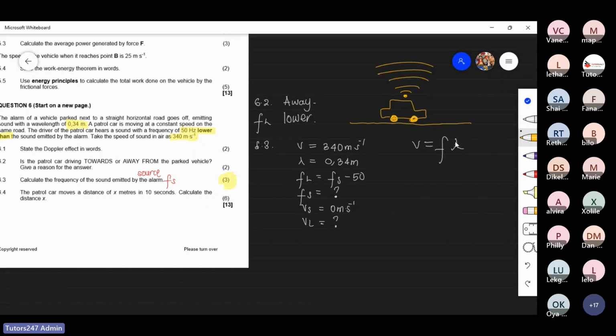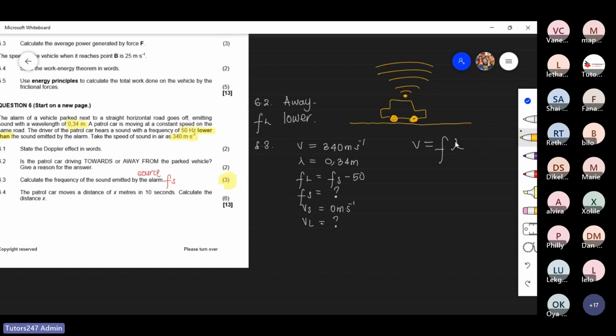We're not looking at the scenario as a whole, with relative velocities and 2 different objects moving away or towards one another, which is complicated. We're just restricting our scenario to this one individual parked car.